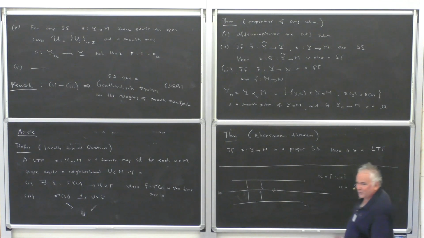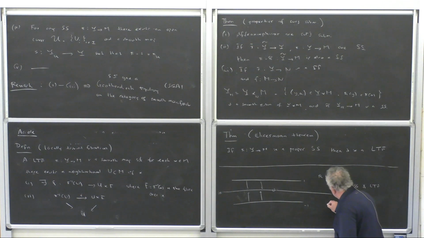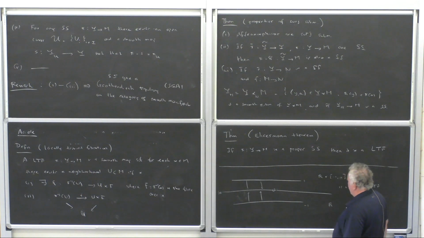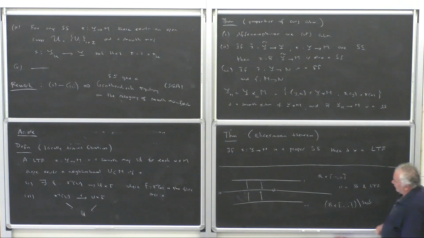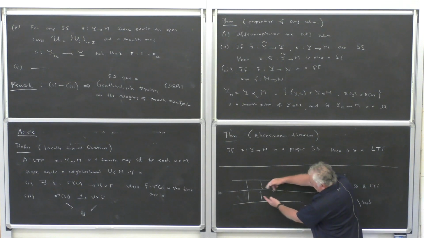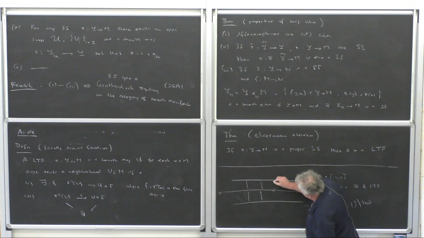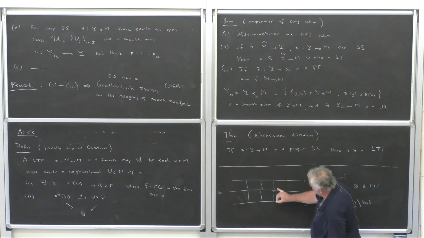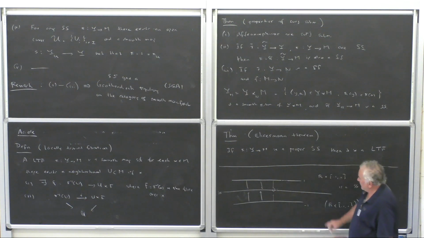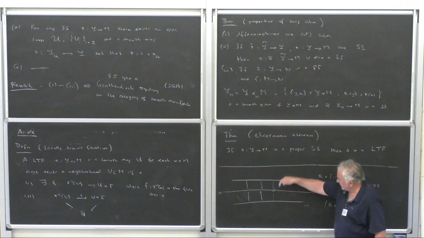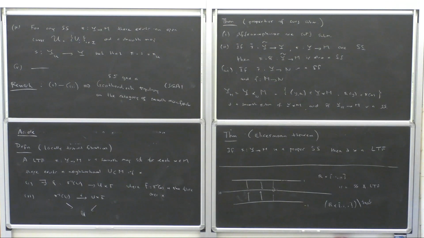So if I look at R × (-1, 1) and I omit the point (0, 0), well, everywhere away from 0 things stay the same, but I still cover the 0, and I also cover all vector fields because there's only one direction of vector fields to cover.